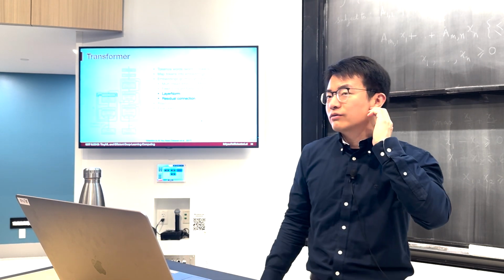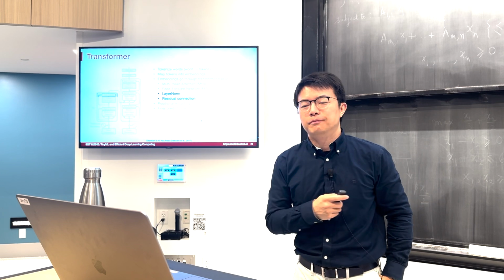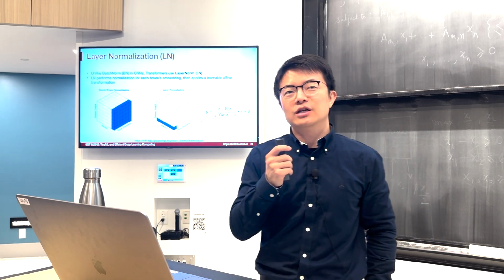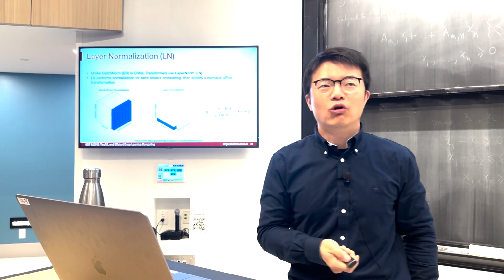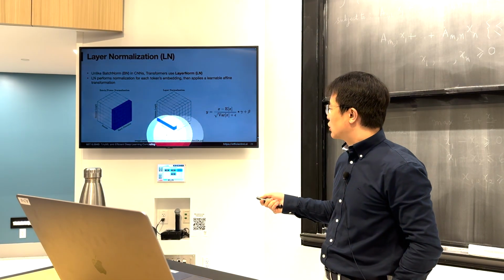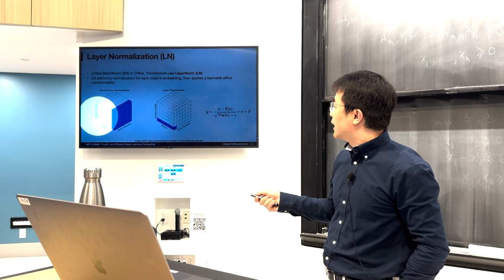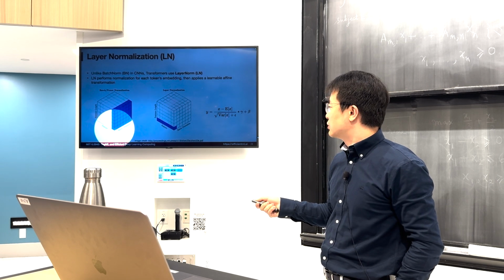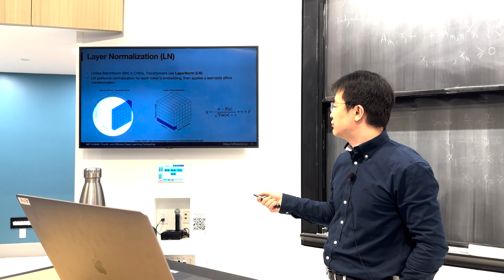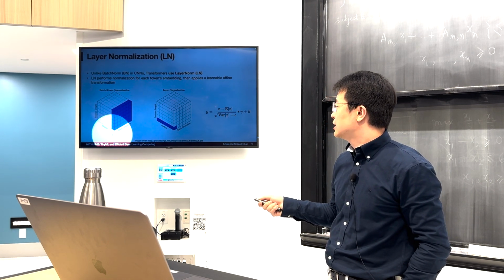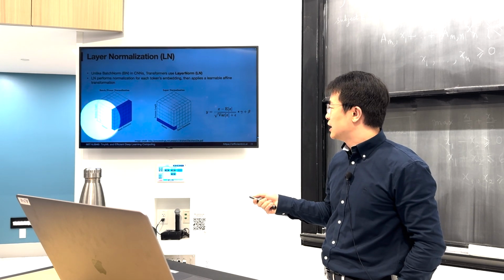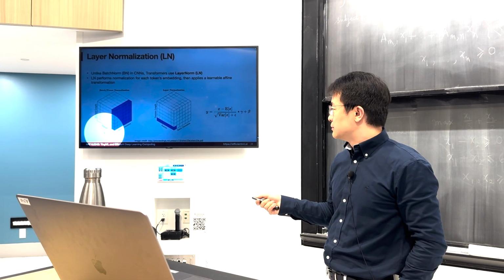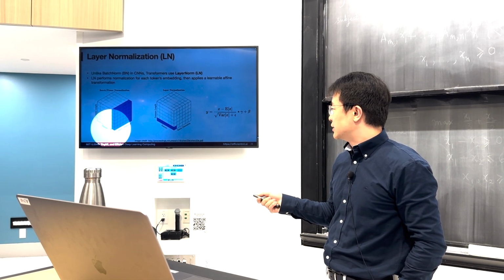All right, and then we want to introduce the layer norm function. Previously, we have introduced the batch norm, across the batch dimension. This is the sequence length dimension: token 1, token 2, token 3, token 4. And this is the feature dimension, like 4K, hidden dimension D right here.